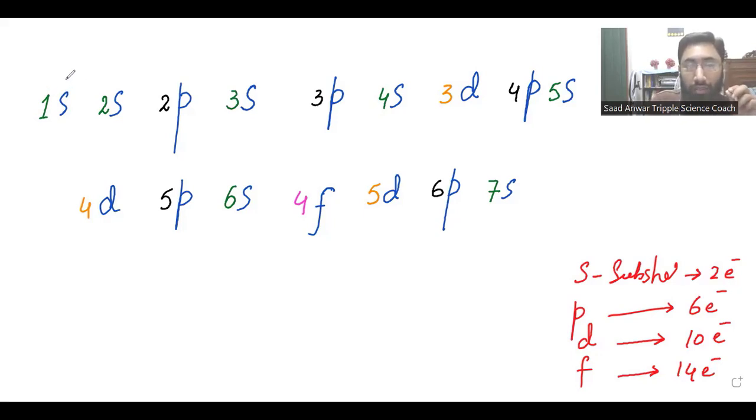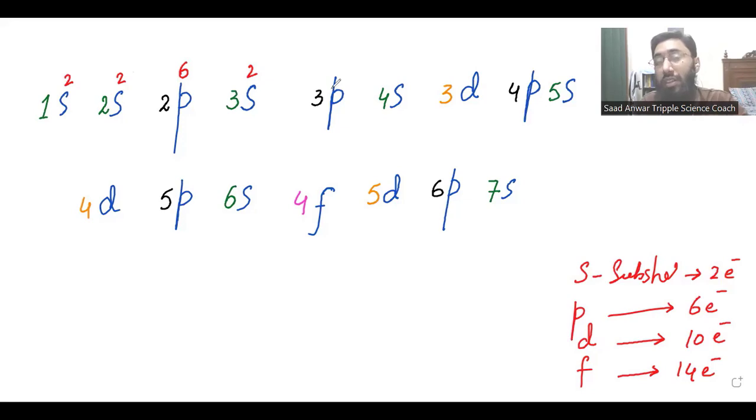In 1s, I will put 2 because I know the S subshell can accommodate a maximum of 2 electrons. In 2s, I will put 2. In 2p, I will put how many electrons? 6. In 3s, how many? 2.